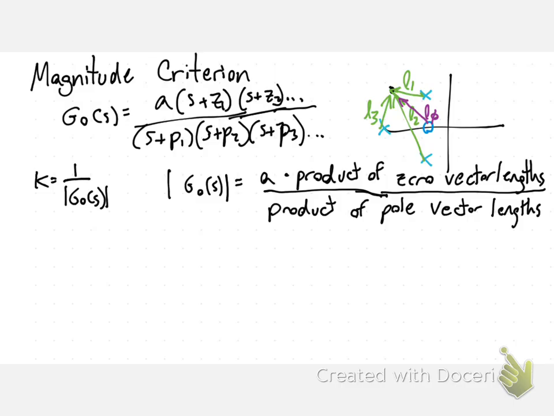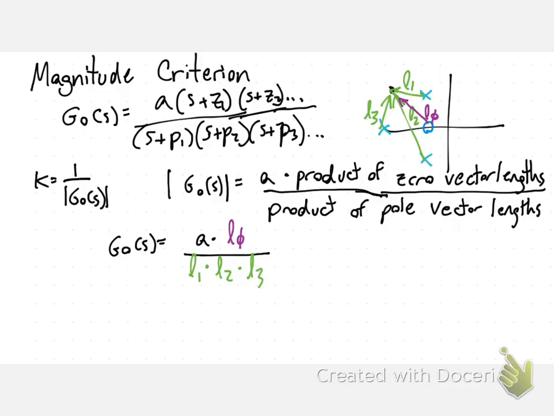So for this example, we would say that the magnitude of G of s would be equal to A times the length of phi divided by the product of our pole vector lengths, which would be L1 times L2 times L3.